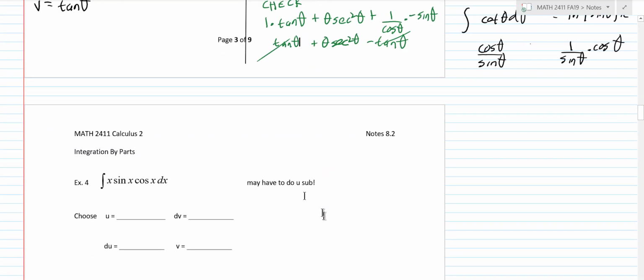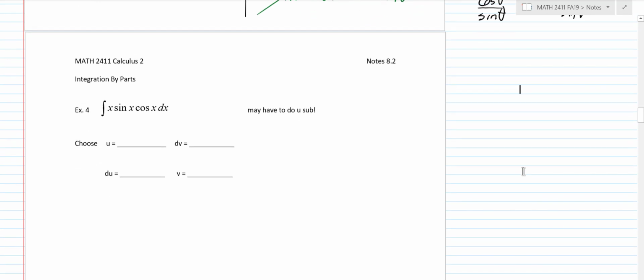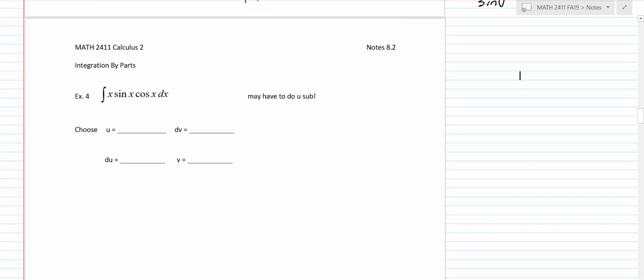All right, so let's move on to the next situation here and see what we're getting into. What I'm going to do on this problem is we'll go ahead and get this one put together. And there are times when you have to do a U substitution within that integral itself.